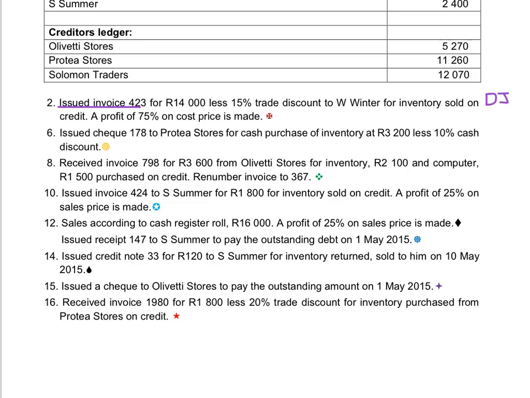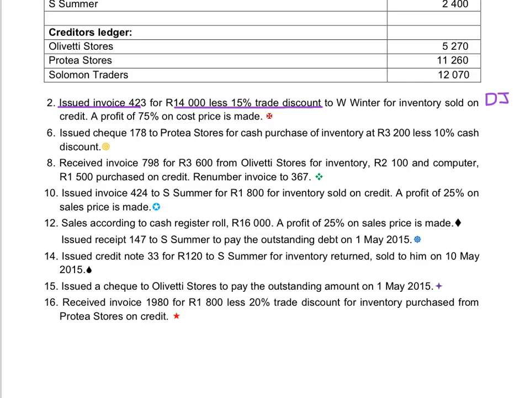Then we give 15% trade discount to this person. So it means that our sales price is not going to be 14,000. We will use the 14,000, calculate 15% trade discount, deduct the 15% to determine how much money W. Winter owes us.